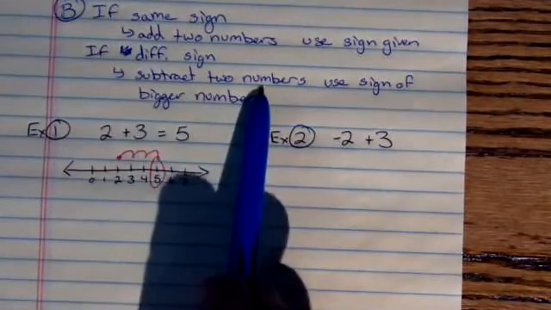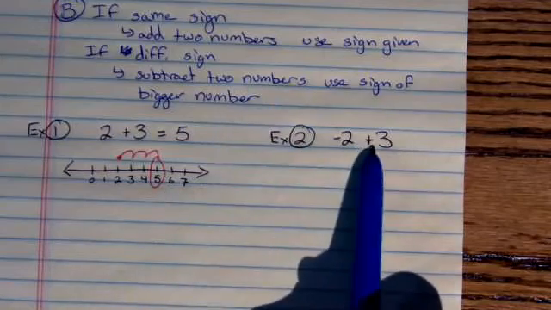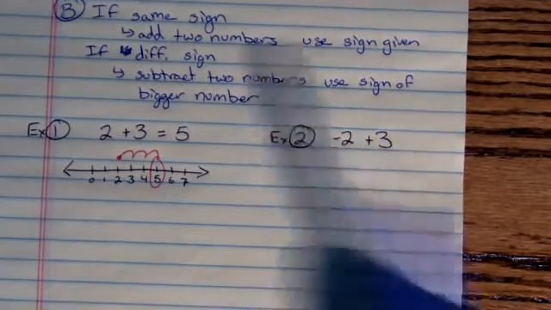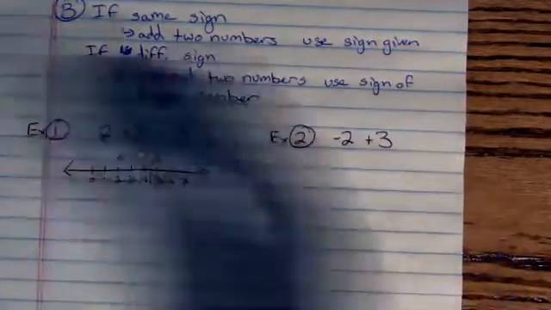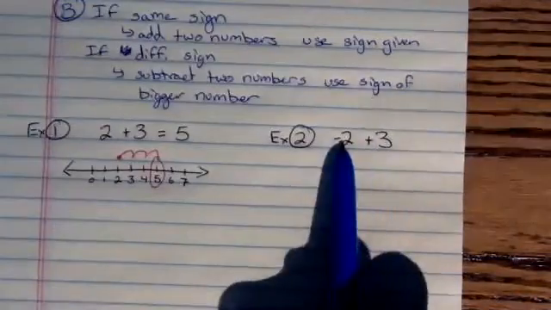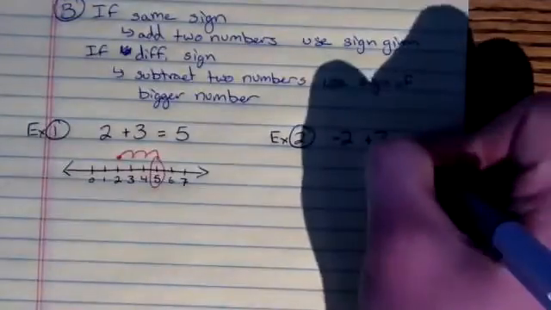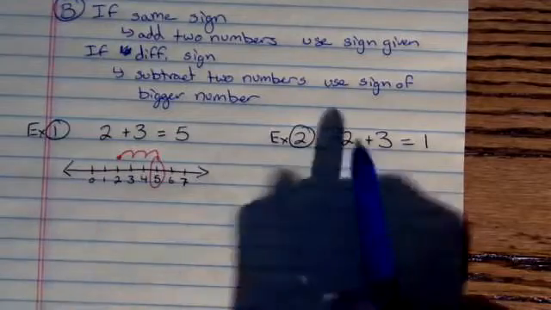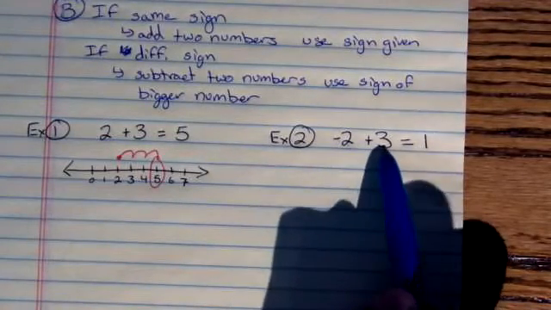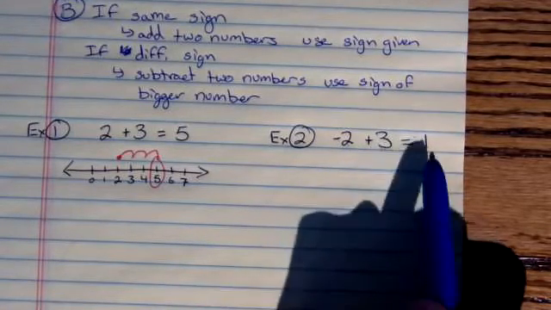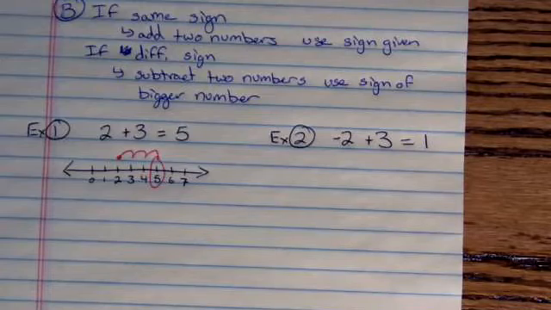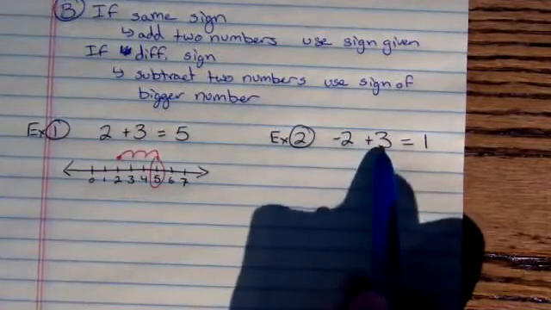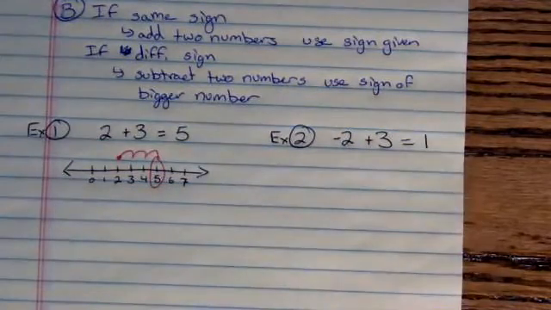That means I need to subtract the two numbers. So I basically just take 3 minus 2, just like we know how to do subtraction. So 3 minus 2 gives me 1. And then it says use the sign of the bigger number. Well, what's bigger, 3 or 2? 3 is bigger. 3 is positive. So my answer is positive. So -2 plus 3 is a positive 1.